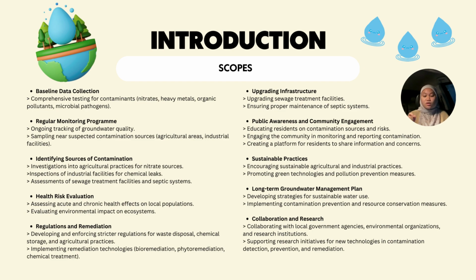And the last one is collaboration and research, which is collaborating with local government agencies, environmental organizations, and research institutions, and supporting research initiatives for new technologies in contamination detection, prevention, and remediation.